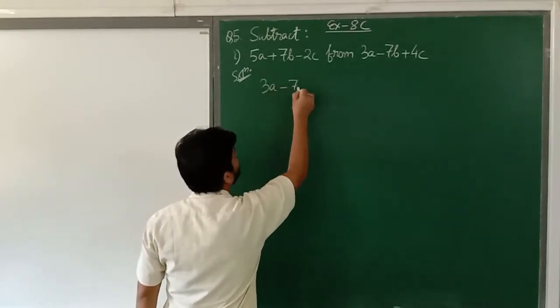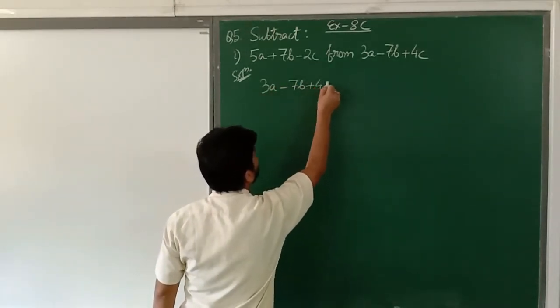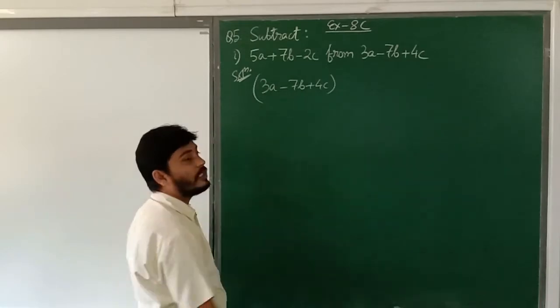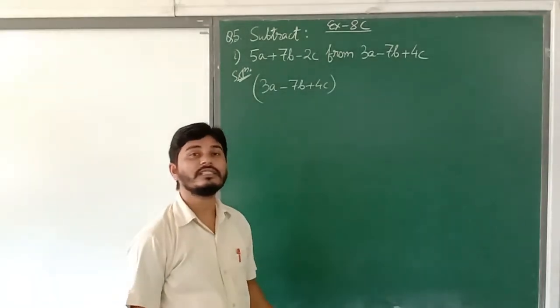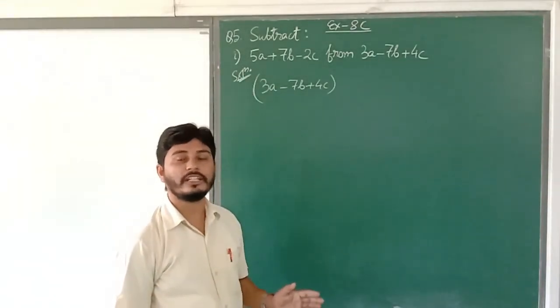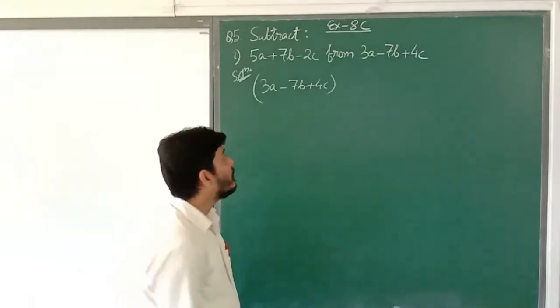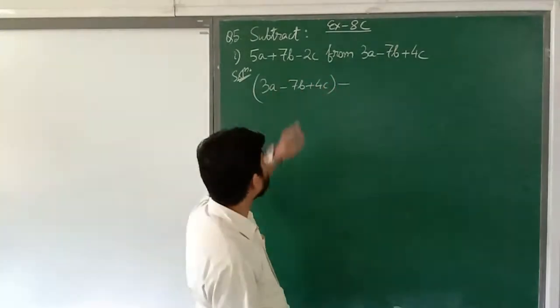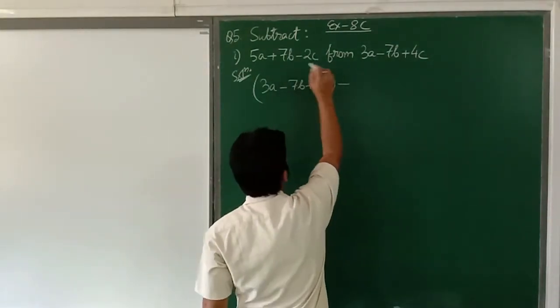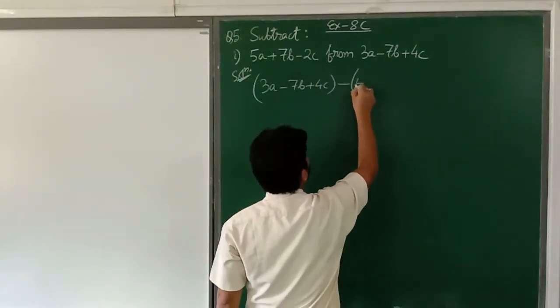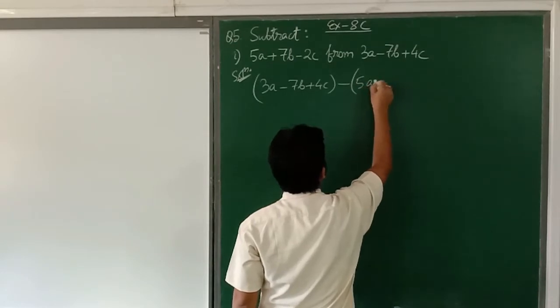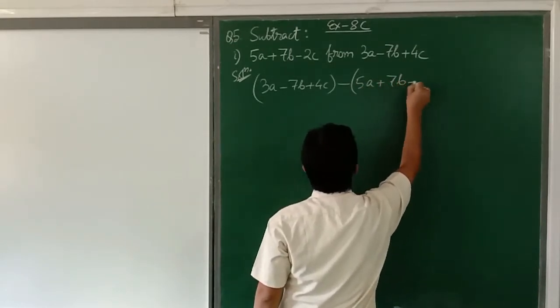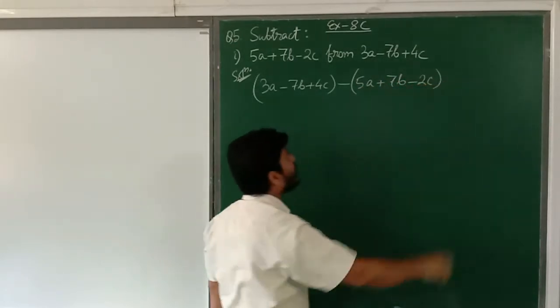3a minus 7b plus 4c. Since we are subtracting, we have to put both the expressions inside the bracket, and in place of from we have to write minus because we have to subtract. And then the first expression, 5a plus 7b minus twice c.